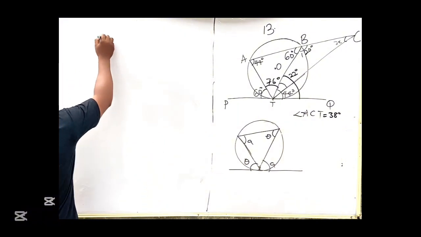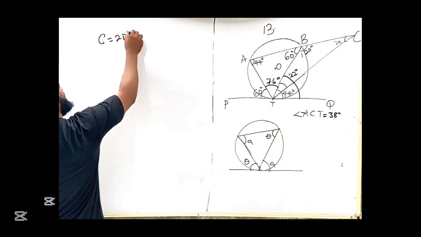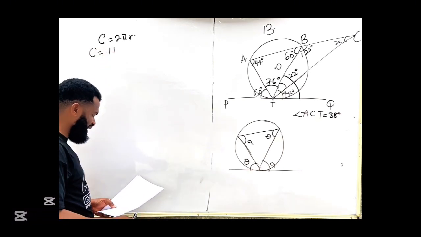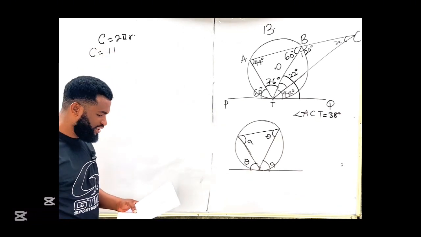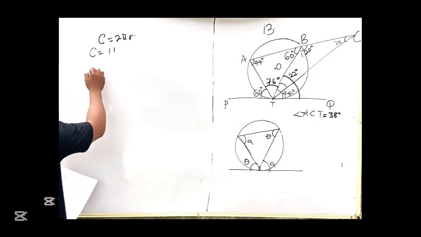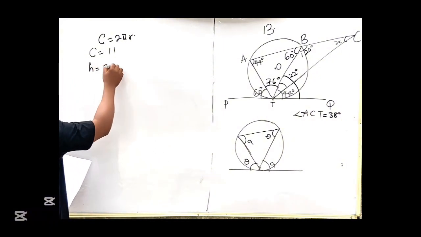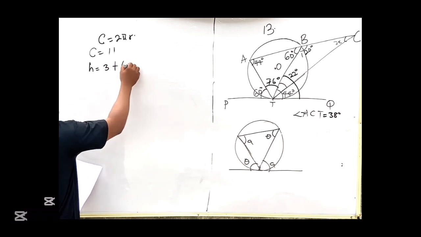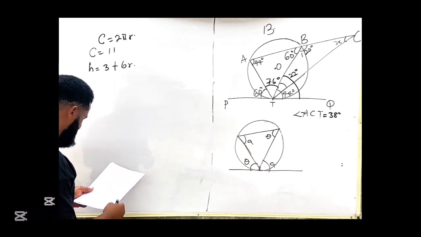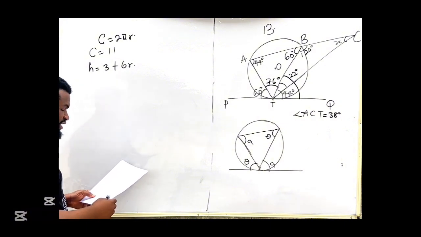Circumference is C equals 2 pi r. That means that C is 11. But then they said the height of the cylinder is 3 more than 6 times the base radius. That means the height is 3 plus 6 times the radius. So I am asked to find the height and the radius.